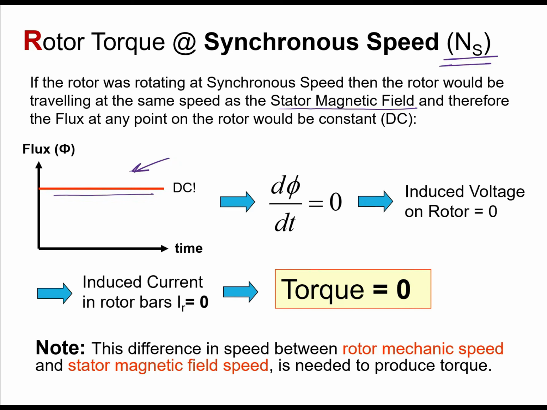And remember, if there is no change in the flux in terms of time, so if that parameter is 0, then the induced voltage is also 0, which means that the torque is also 0. So this difference in speed between the rotor mechanical speed and the magnetic field speed is important and needed in order to produce the torque.